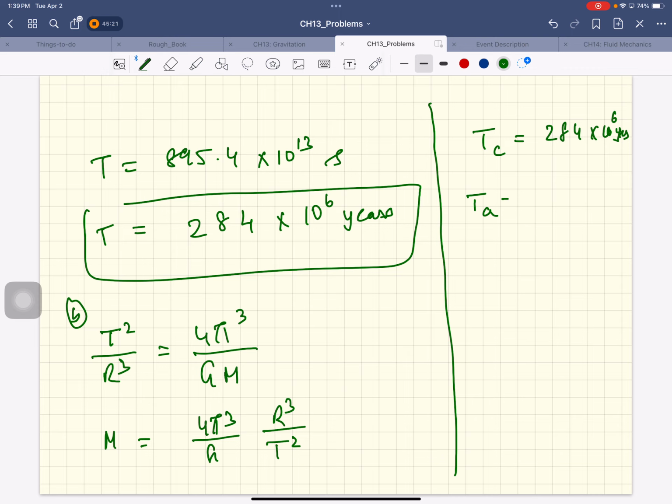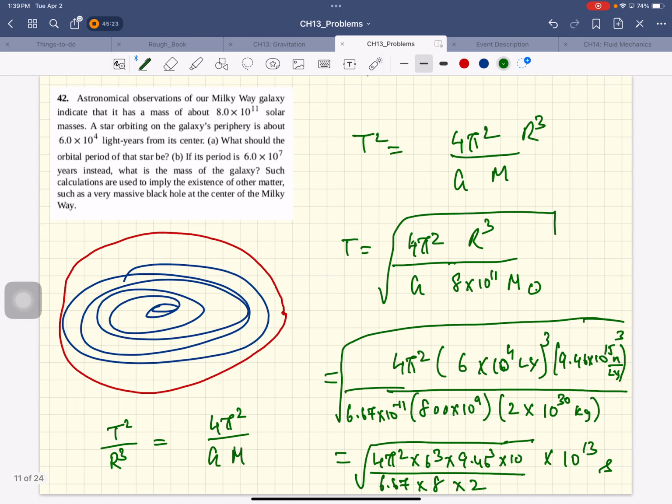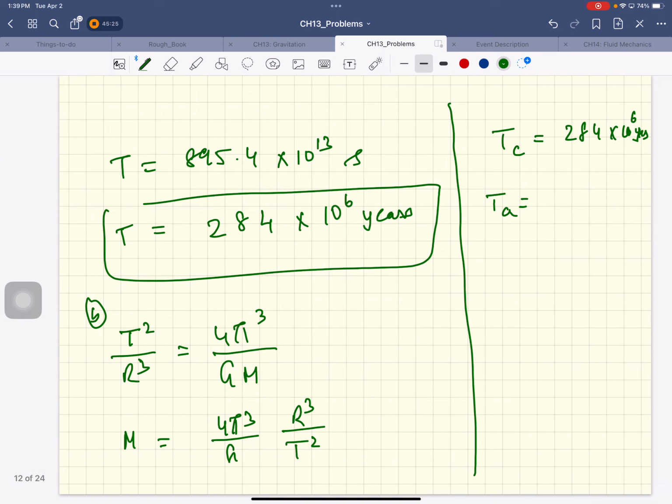And the actual period is 60 million years.